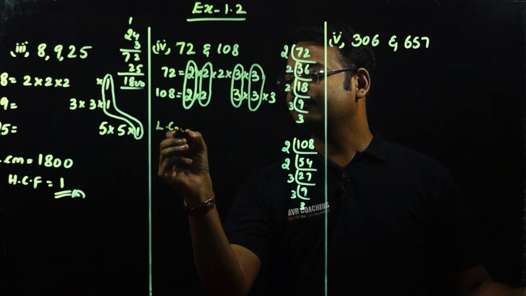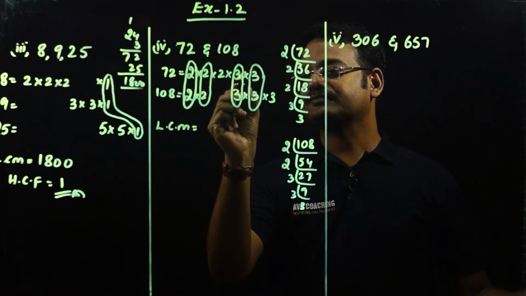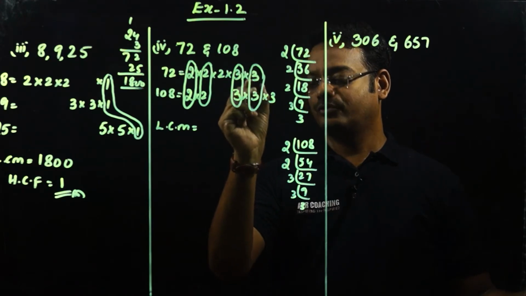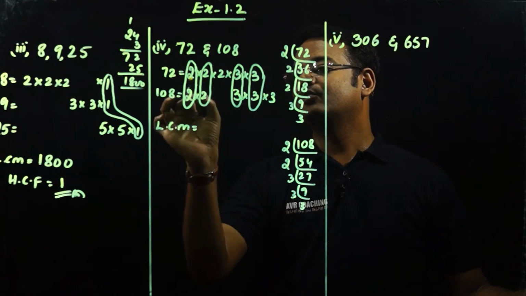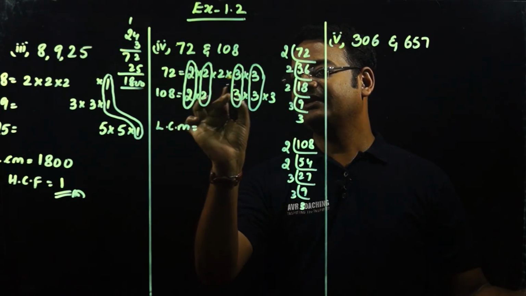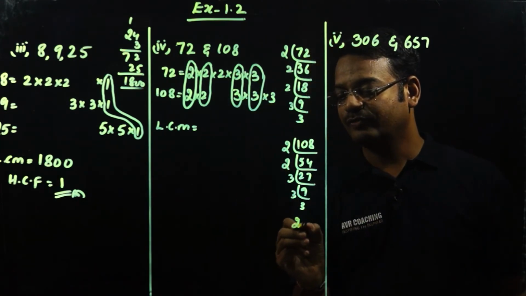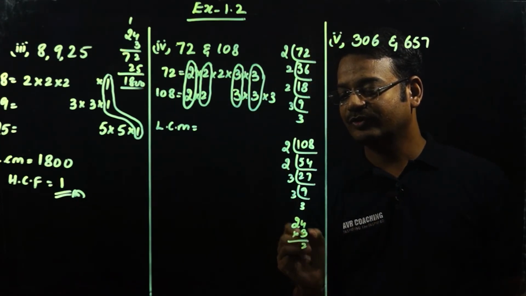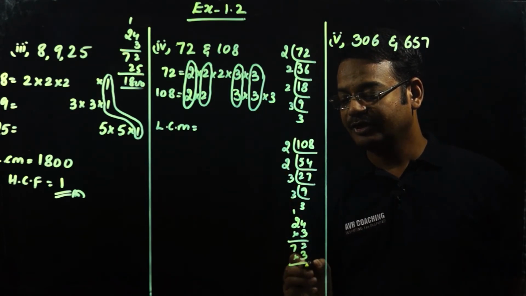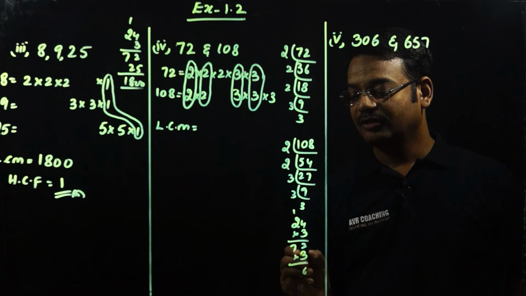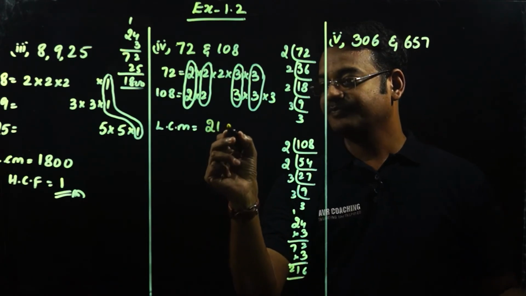So the LCM will be 2 to the 4, 8, 24, then 24 into 3 is 72, 72 into 3 is 216. So the LCM is 216.